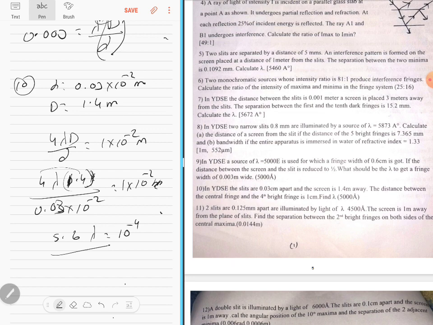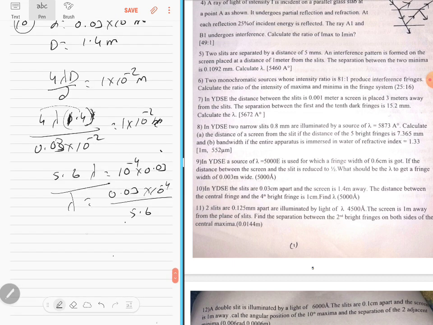When you cross multiply, you get 10 to the power minus 4 into 0.03. So lambda itself is 0.03 into 10 to the power minus 4 by 5.6. Multiplying the numerator with 100, it becomes 3, and multiplying the denominator also with 100, it becomes 560 into 10 to the power minus 4.